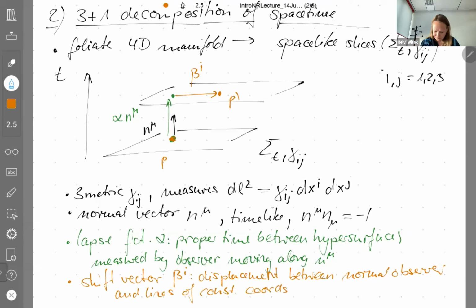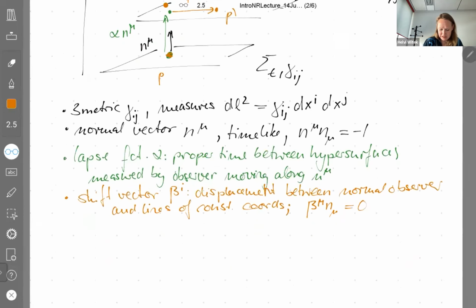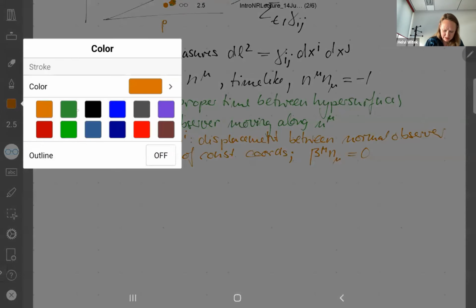So one more thing, and I think from the illustration that is already clear, by construction, this shift vector is orthogonal to our normal vector. Good. And now we can actually use this language of having a three-dimensional spatial metric, lapse and shift, to reconstruct our four-dimensional metric. So let me write this down next, just here.